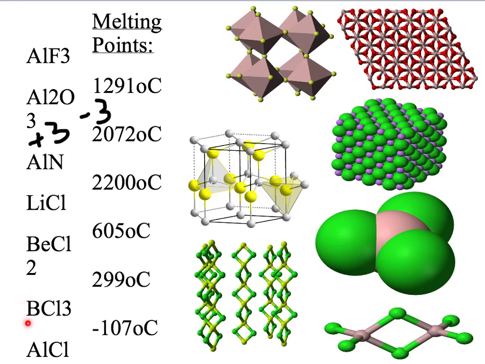And then finally I go to boron trichloride. So I'm just moving over my cation once again here, and now the boron is such a good polarizing agent. It's absolutely tiny that it really distorts this chloride's electron cloud so much that it becomes a molecule. And look at how that melting point absolutely plummeted way down there to negative 107 degrees Celsius.